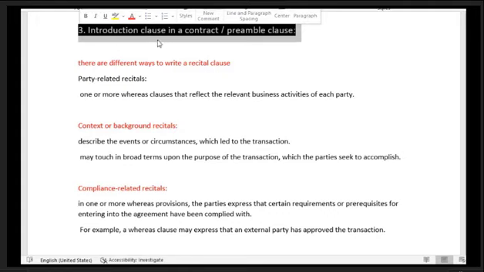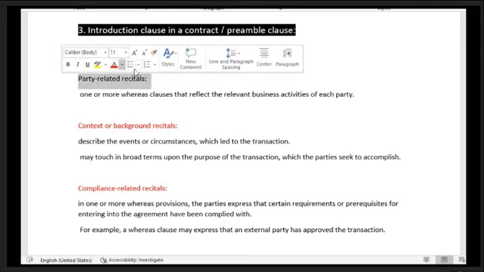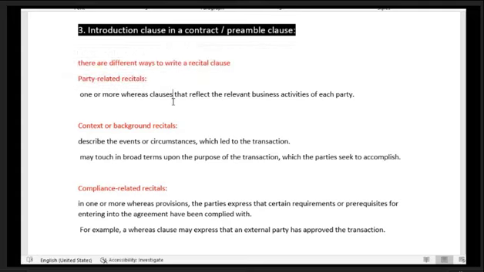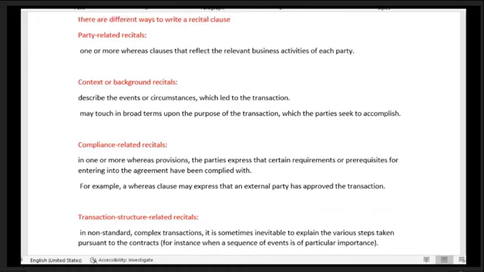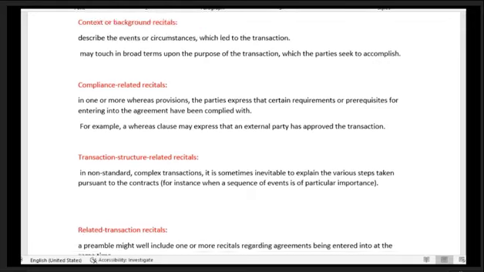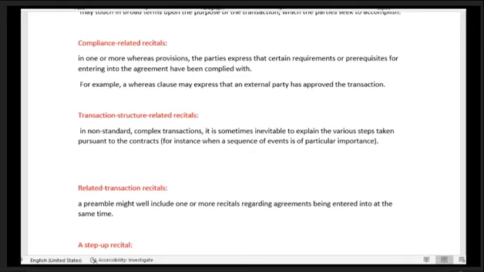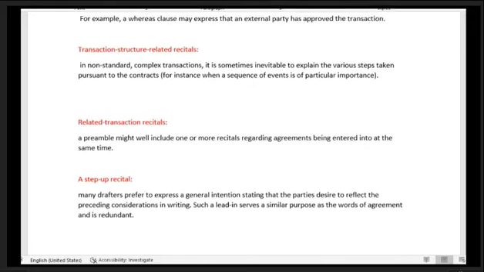There are different ways to write a recital clause: party-related recitals, context or background recitals, compliance-related recitals, transaction structure-related recitals, related transaction, and setup recitals.